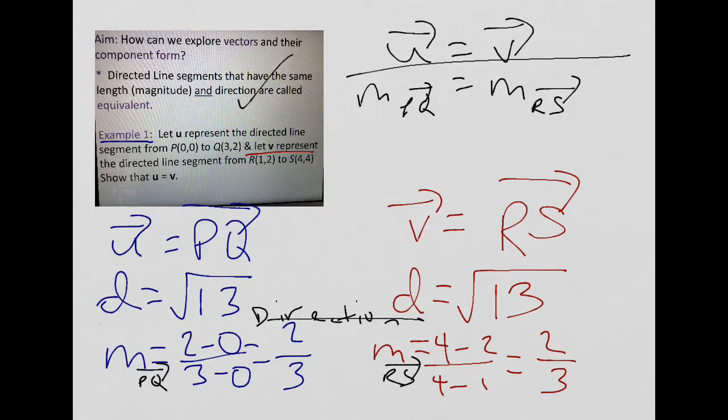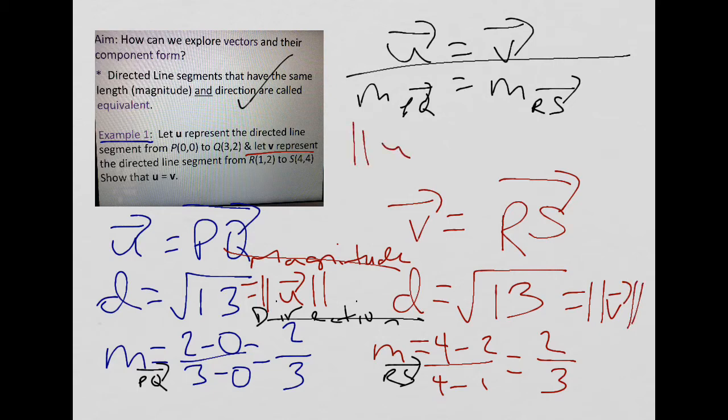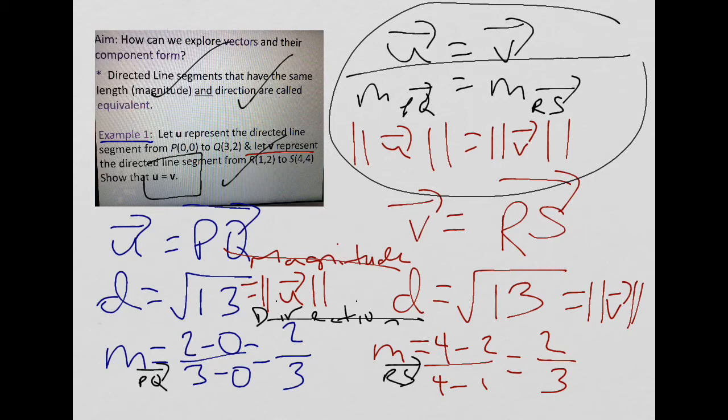Okay, we found the magnitude, or if you want to call it length, it does not matter. And it turns out the magnitude of vector U is equal to the magnitude of vector V. So once we're able to state that, we indeed show that vector U is equal to vector V. Okay, we did it. All that hard work from the do now, and a little bit more. But we should be good with example 1.